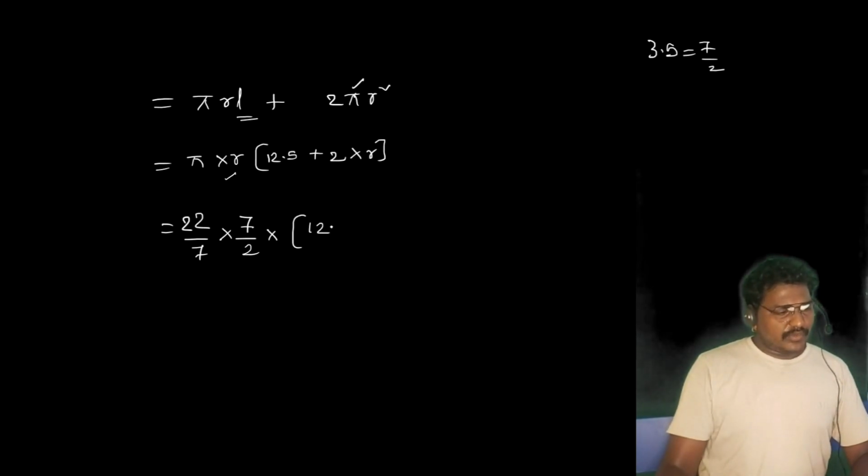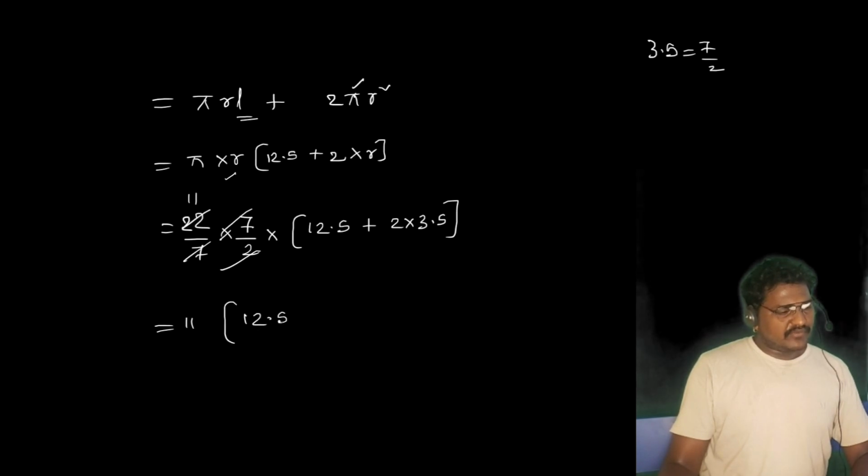Here we have 12.5 plus 2 into 3.5, so that will become 7 cancel, 2 1s are 2, 11s are 11. So 11 into 12.5 plus 7, 11 into 19.5.